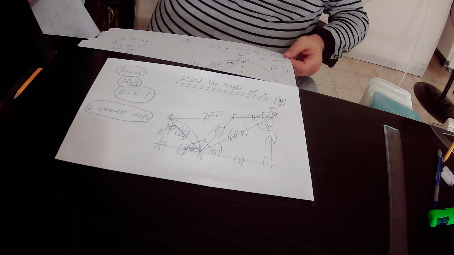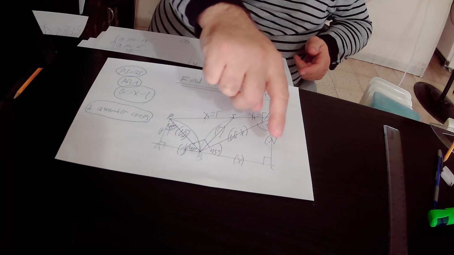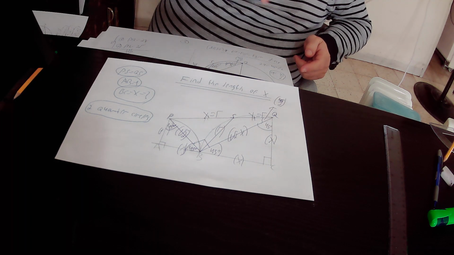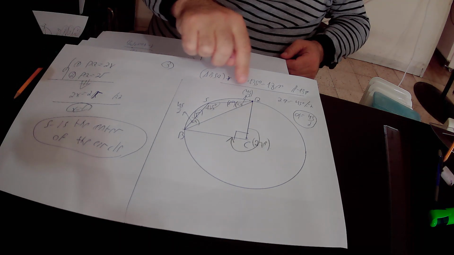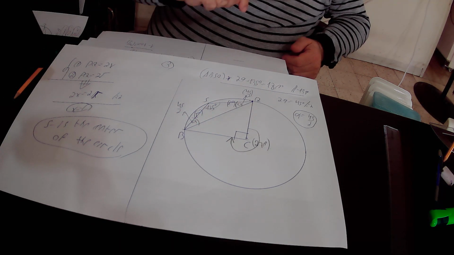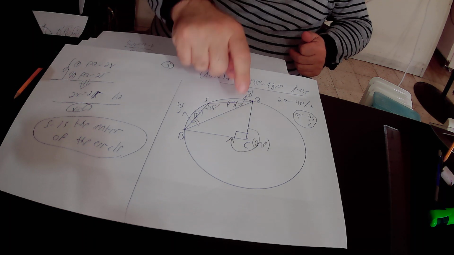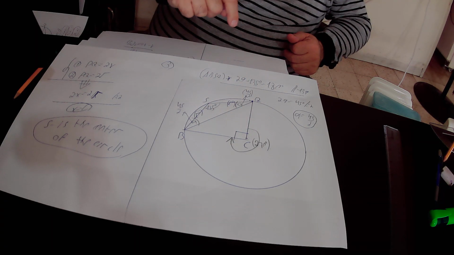Then I copied this quarter circle to a new page, and we completed this quarter circle to a circle. This is the quarter circle that I copied from the original drawing. This angle equals 90 degrees because it is a quarter circle.